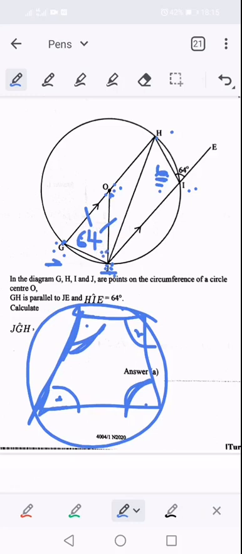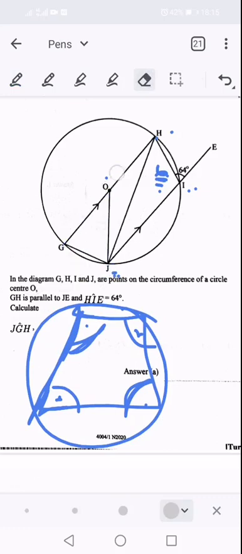So OJG is 64, and also OGJ is also 64, because it's an isosceles triangle. That is the reason.